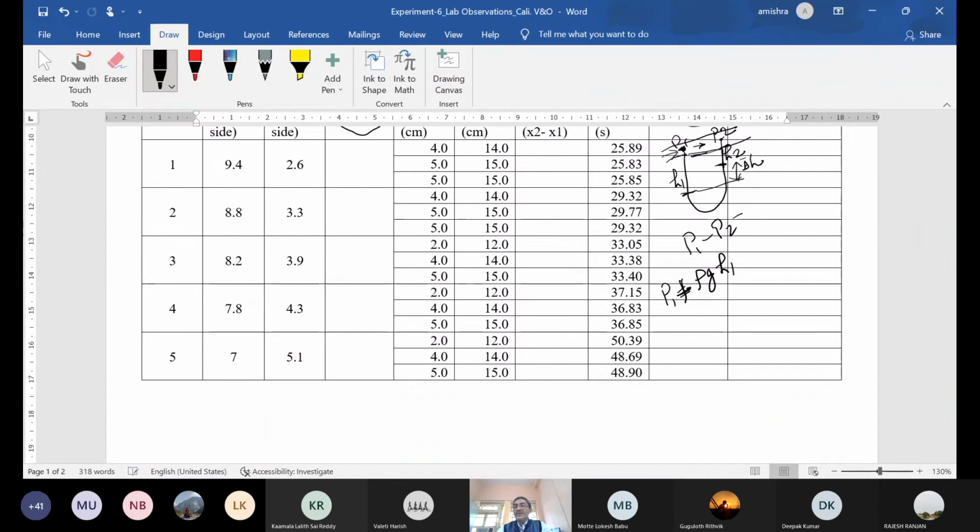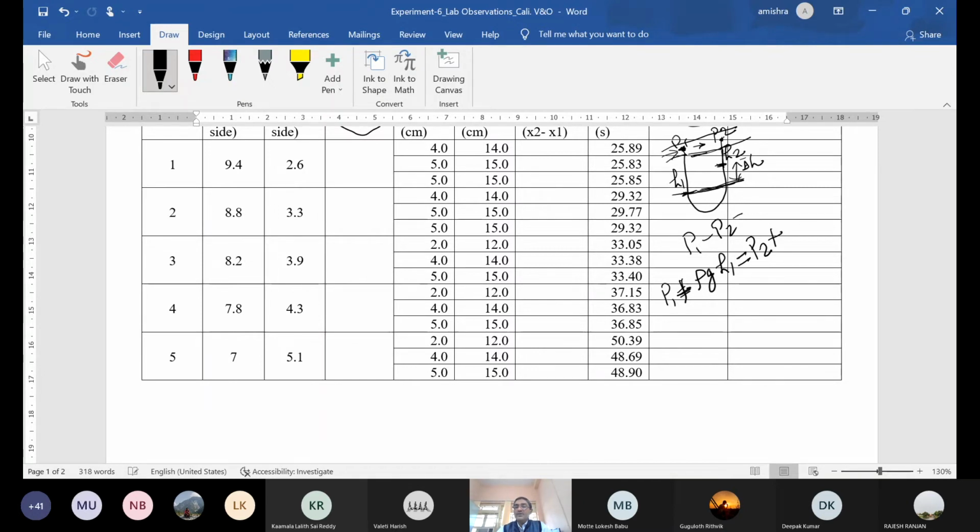That is equal to section 2. What is that? P2. We are simply measuring at the second point pressure P2 plus what is here? To make this equal, this level of reference we are taking.